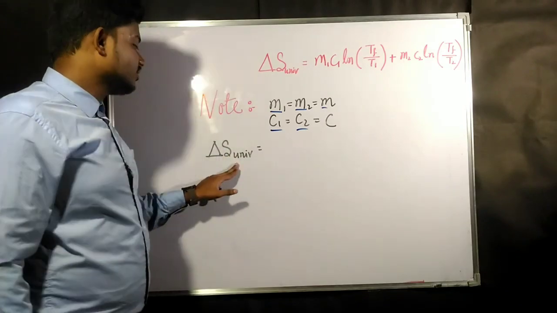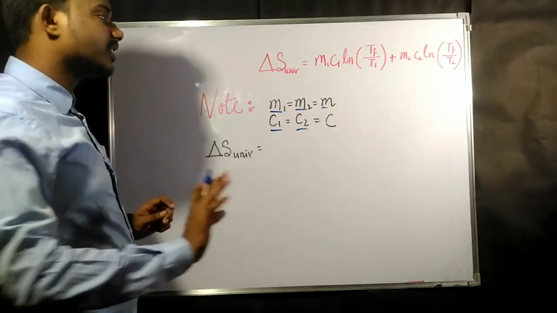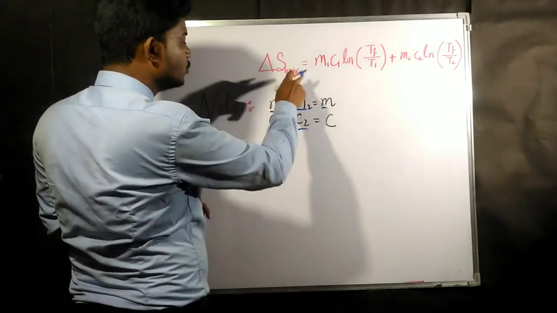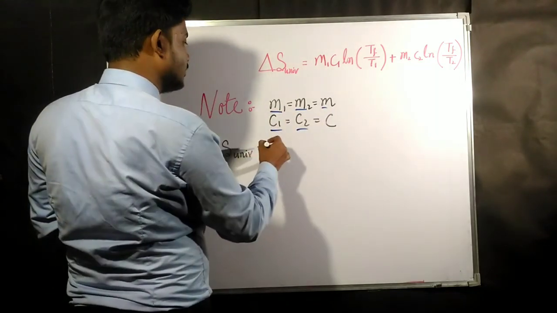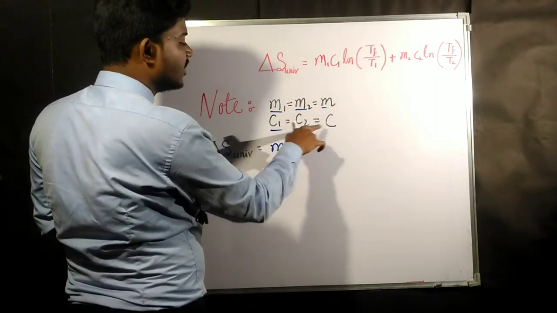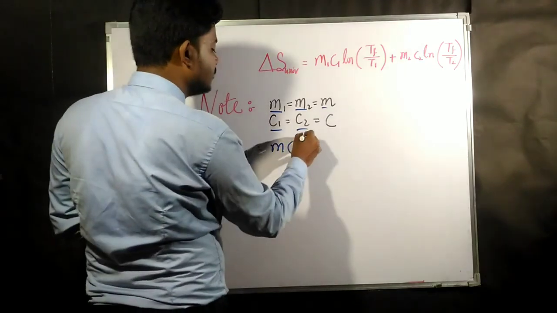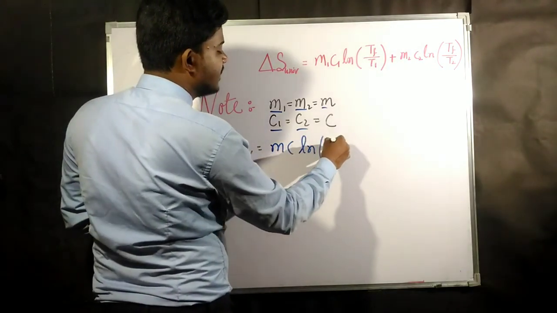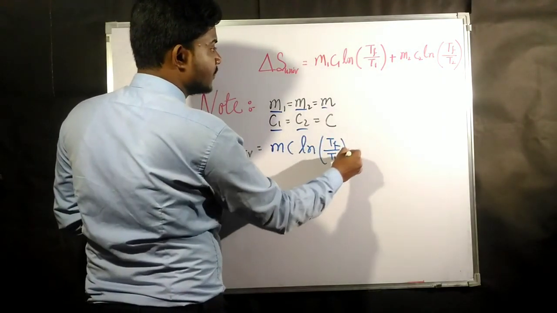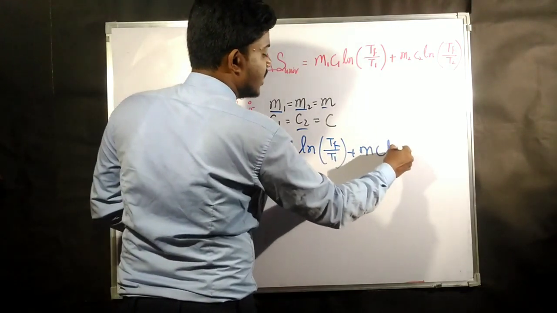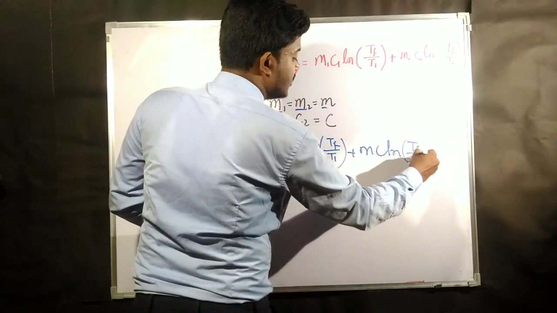So what is del S universe now? From here, if you put m1 and m2 equal to m, and c1 and c2 equal to c, you get m into c into ln Tf by T1 plus m into c into ln Tf by T2.